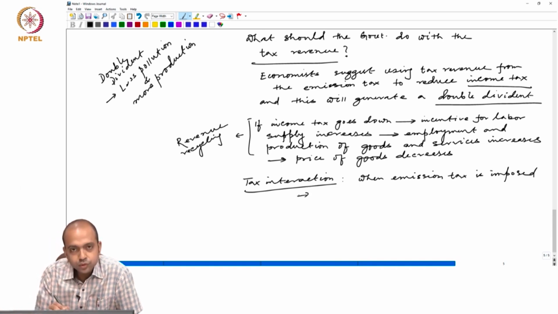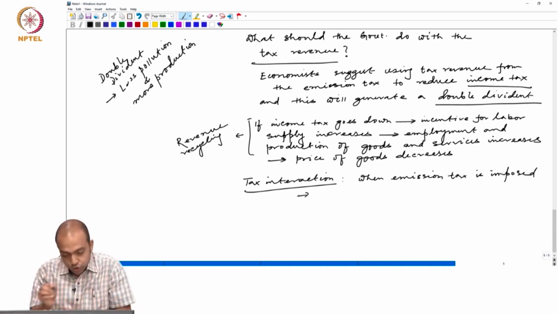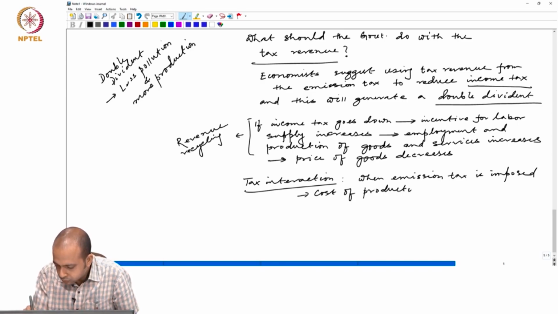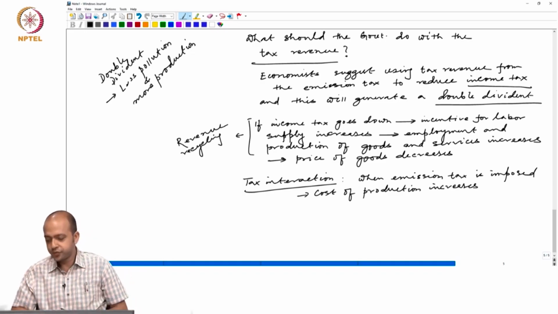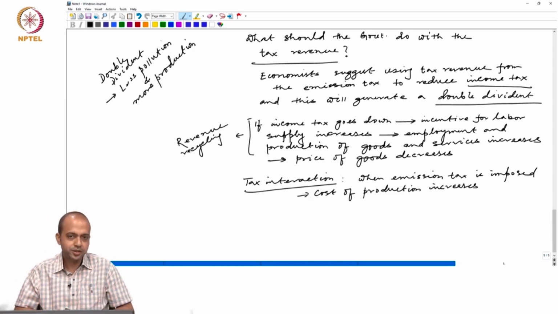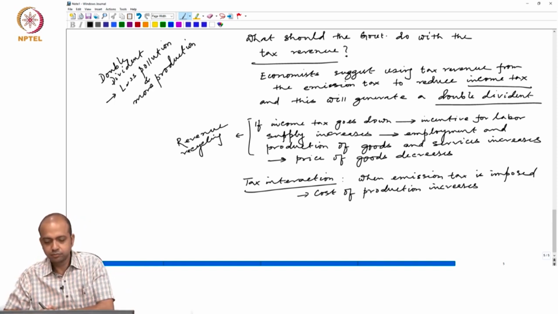That will lead to increased production cost. Cost of production increases, which is very simple. If you impose tax, cost of production will increase.